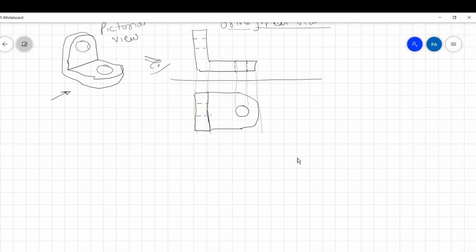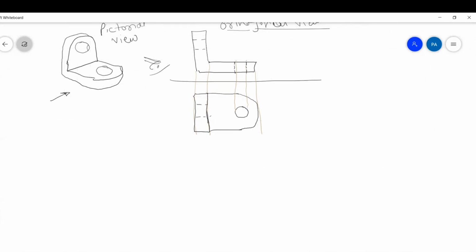Now, when we draw isometric, we need to know what the dimensions are, because here we started with first finding the height of the object. What is the height of the object? Okay, and then what is the width of the object, and what is the third dimension of the object? So this is 2D and this is 3D.